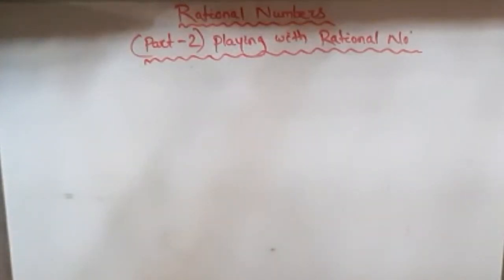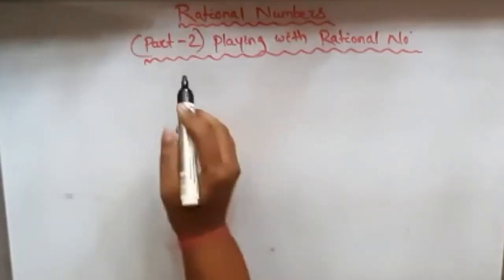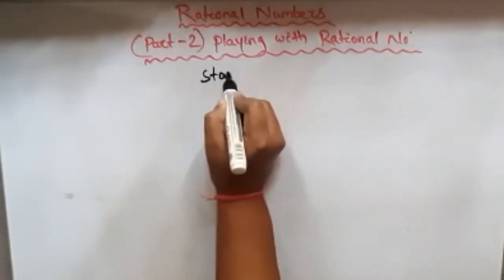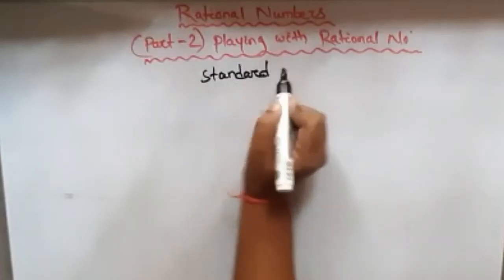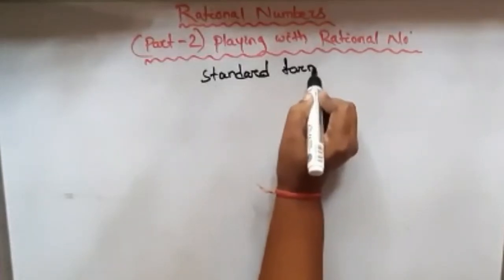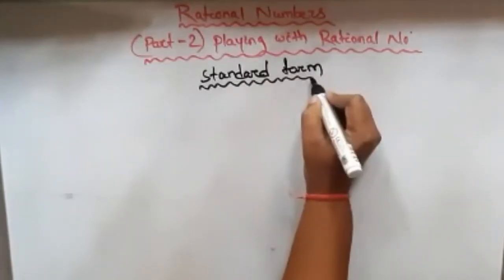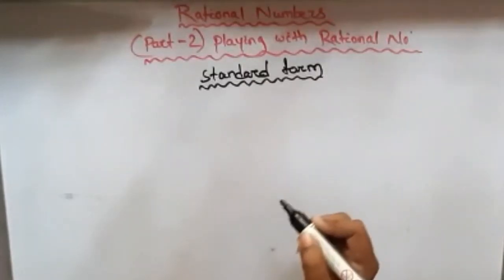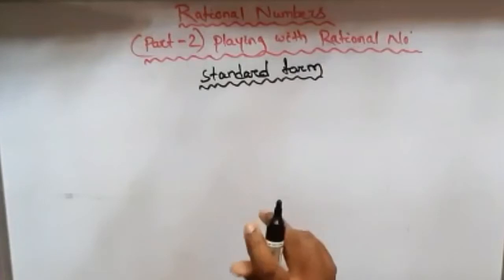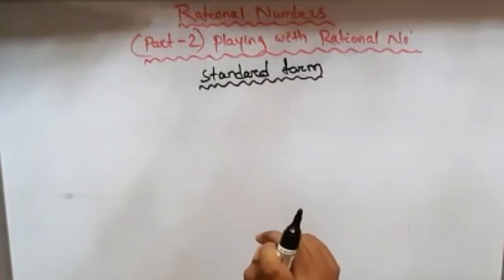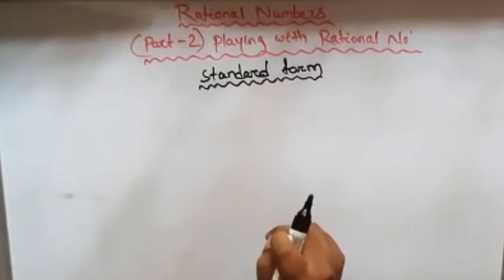Now standard form of the rational number is exactly similar to the fractions, only one difference is that your denominator shouldn't have the negative sign.